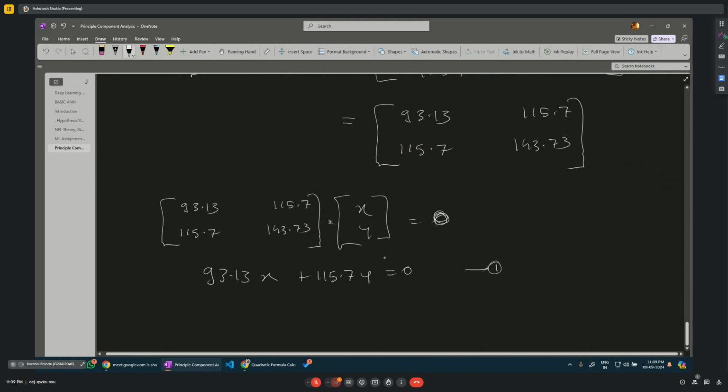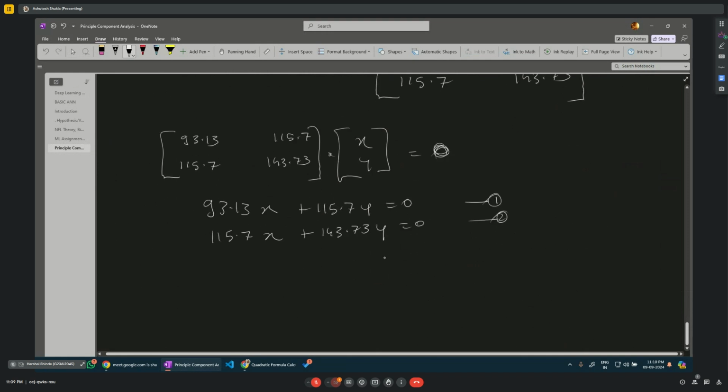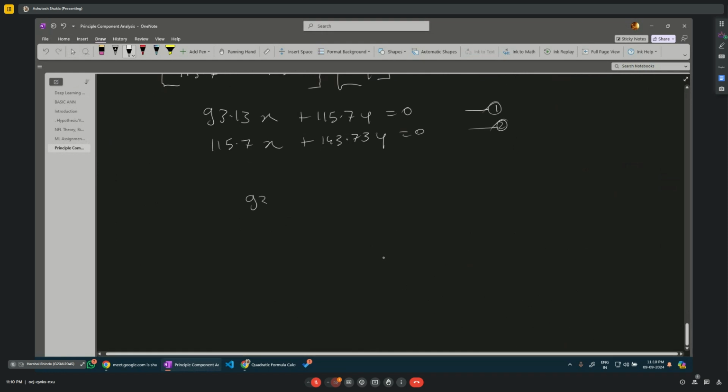That is our equation 1. 115.7x plus 143.73y equals to 0. That is our equation 2. Taking just the first equation, we get 93.13x equals to minus 115.7y. We take these coefficients and create vector 1 equals 93.13 and minus 115.7. Okay, so this is the other eigenvector.